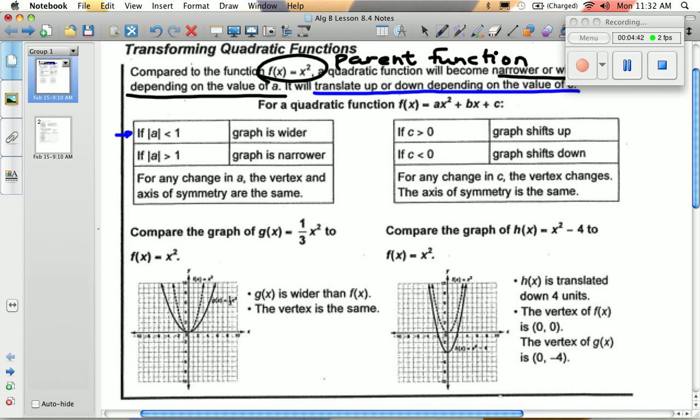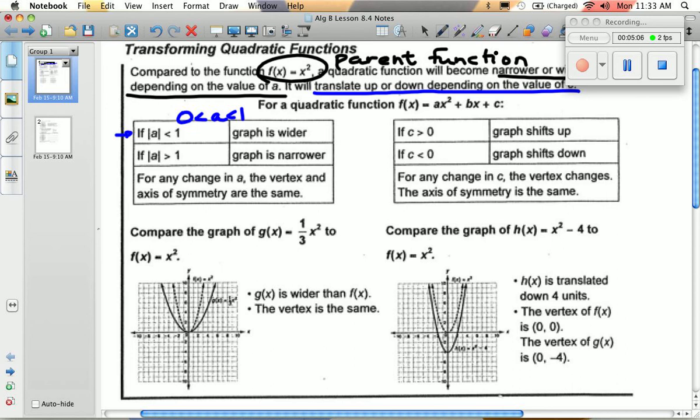I'm going to show you in a compound inequality. If the a value is between 0 and 1, like 0.5 or 1/2, then it's going to get wider. What's the a value of the parent function?